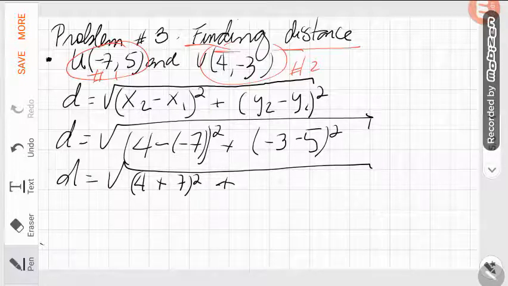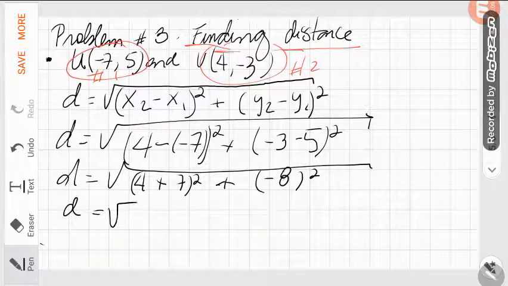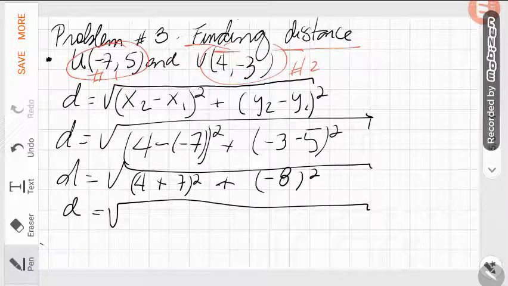So these two numbers are going to add up and then they're elevated to the second power, okay? So now, under the square root, we add these two values, 4 and 7, which is 11 elevated to the second power, and then 8, that is negative, elevated to the second power, okay?